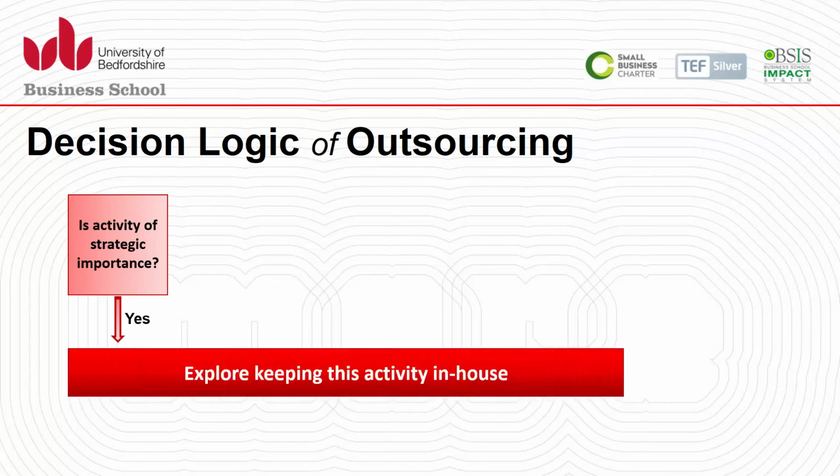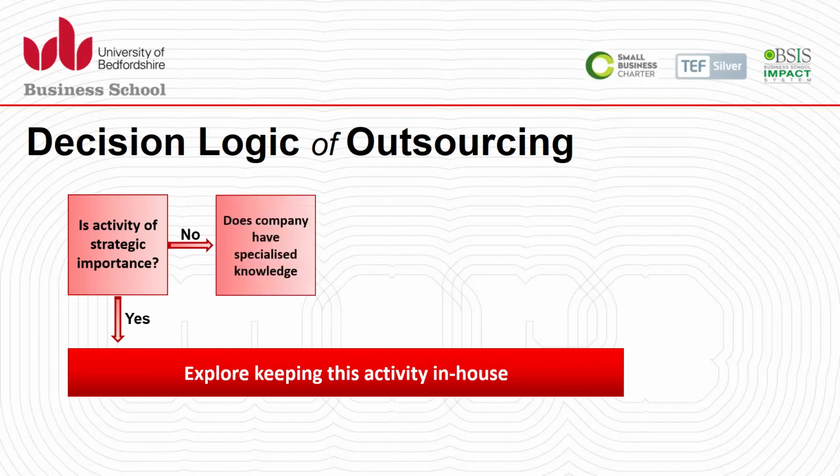If it is yes, we have to explore keeping the activity in-house rather than sharing it with a third party or any other organization in partnership, as you have sensitive data or a strategic plan to share with the outsource provider. So that's very important to see if the activity or task is strategically important for the organization. If the answer is no, then yes, we can go ahead.